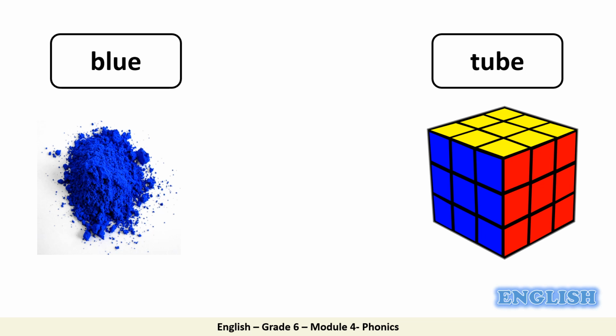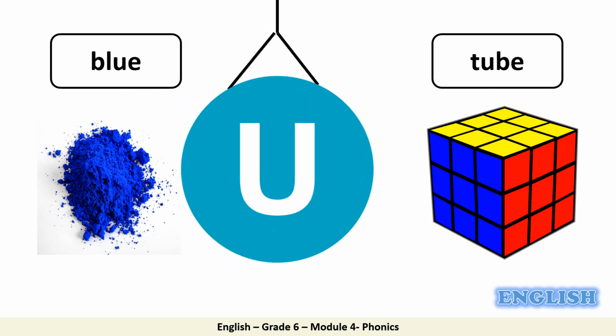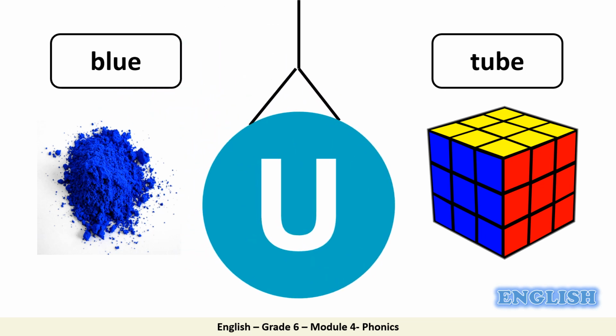That's right, these two words are written with the letter U, but pronounced or said in two different ways. So this is basically today's lesson. We're going to discuss together the letter U and how it sounds with the long form, whether it's oo or u.